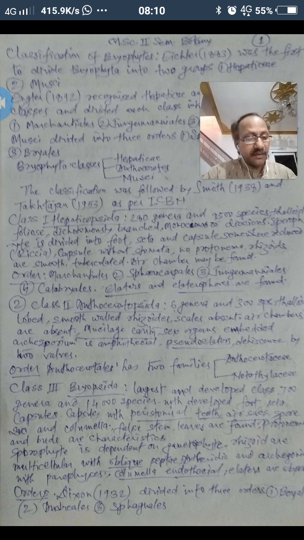Class 3rd, Bryopsida, is the largest and most developed class, with 700 genera and 14,000 species, with a developed foot, seta and capsule, with peristomial teeth, air sacs, spore sacs, and columella. False stem and leaves are found.